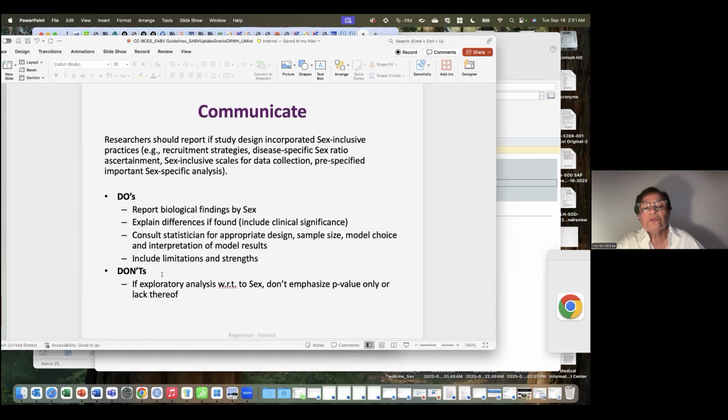What you shouldn't do is, if exploratory analyses with respect to sex, don't emphasize a p-value only or a lack thereof, so that there is no difference.